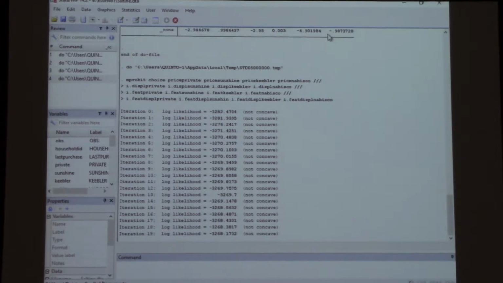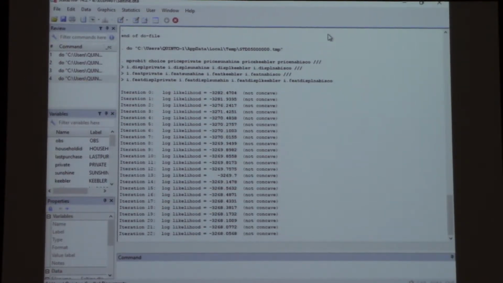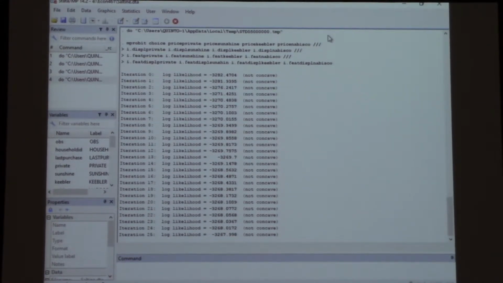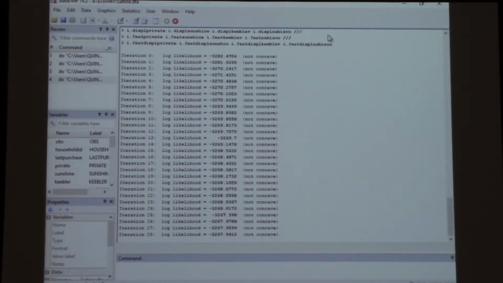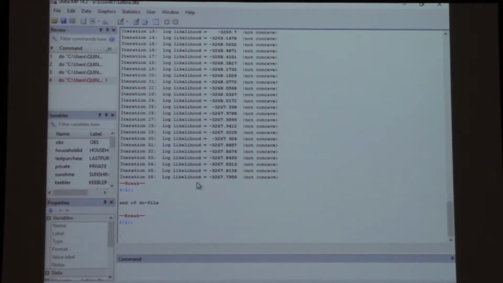So here's an illustration of the difference between the computational speed of a probit and the logit in the multinomial sense. We could be here for the rest of the evening, and this thing's going to work slowly. So that's the difference between mprobit and mlogit.